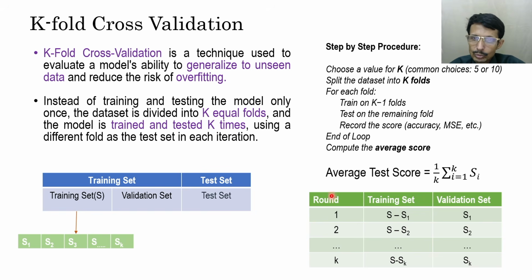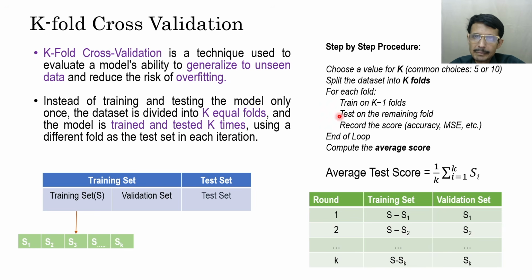In round 1, the training set is S minus S1 and the validation set is S1. In round 2, the training set is S minus S2, and S minus S1 means S2, S3, up to Sk. Similarly here you can see S minus S2.